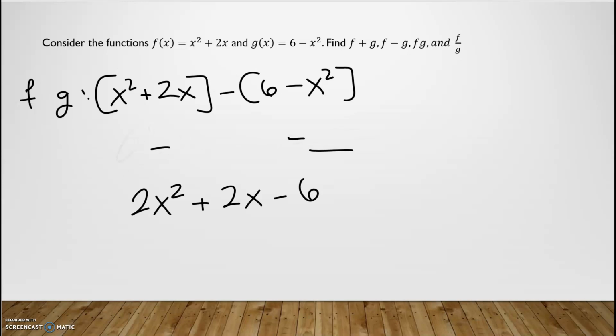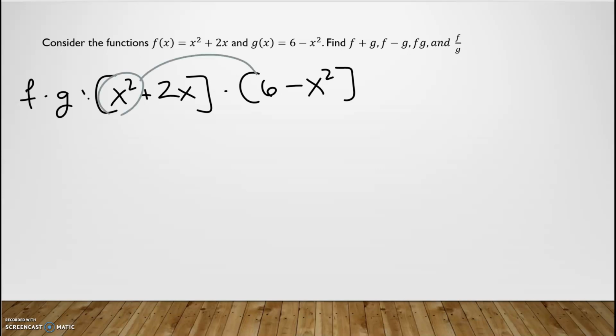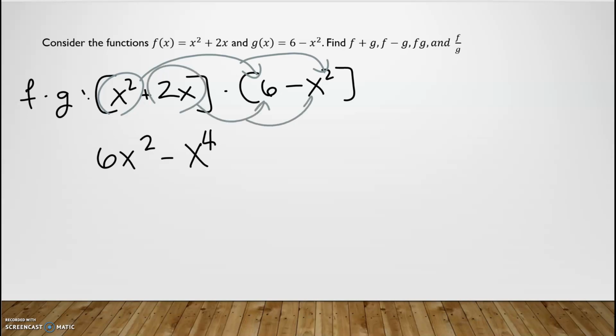Okay, now let's look at f times g. So I need to use the distributive property, or you can use the FOIL method here, either one. But I'm going to take x squared, multiply it times that 6, multiply it by that negative x squared. So I'm going to get 6x squared minus, well, when I have exponents that are multiplying together, you add them. So this will be x to the 4th. And then I'm going to take 2x, multiply times this 6, multiply times negative x squared.